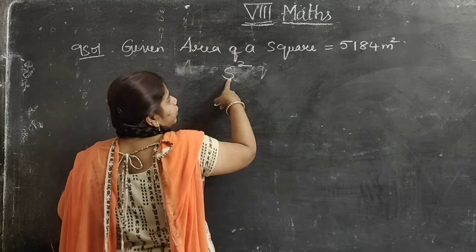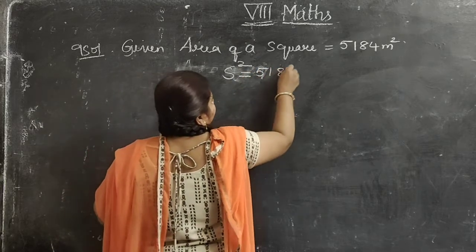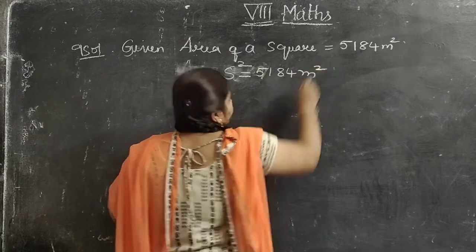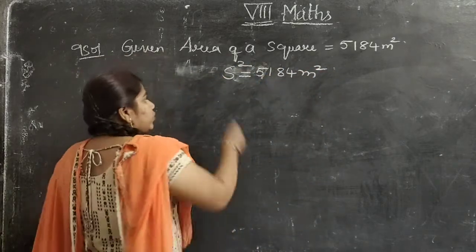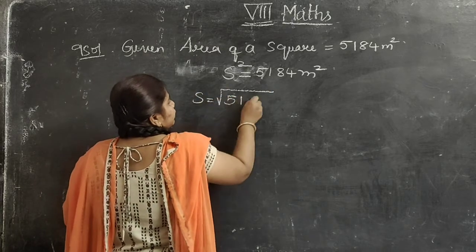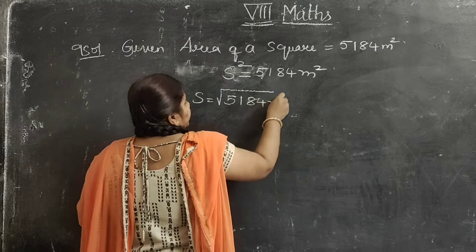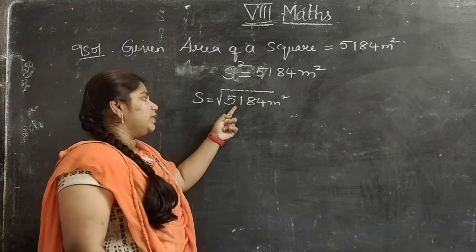The formula of area of a square is s square, that is side into side. So s square is equal to 5184 meters square. Now transpose the square to the other side, it becomes a square root. So s is equal to the square root of 5184 meters square. Now we have to find the square root of 5184.